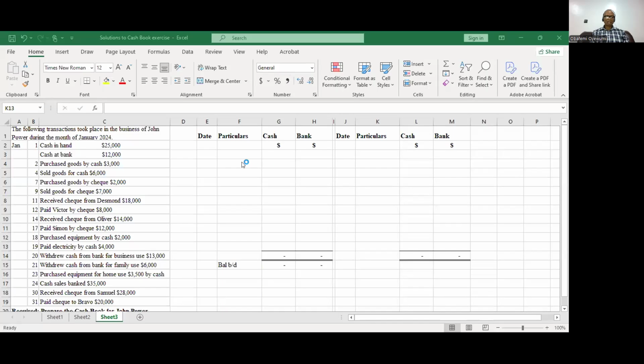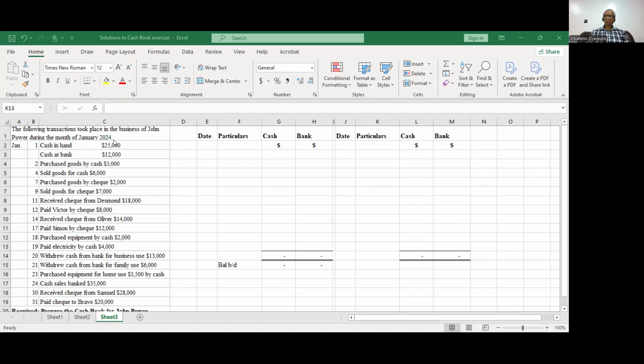So let's go as I share another page even right now. Okay, so this is what we have. I'm going to share it now for all of us to see. It's coming up. It's an Excel page. Okay, so here we are. Now, we're saying that the following transactions took place in the business of John Power during the month of January 2024.